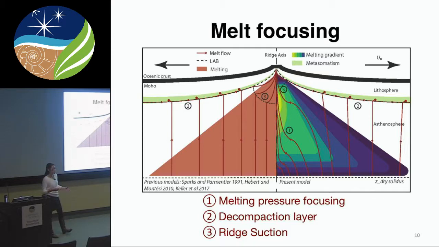And what I'm seeing in my models and in more recent modeling efforts is what we call melting pressure focusing, where melt is focused pretty deep in the melting region, even before it reaches the lithosphere.